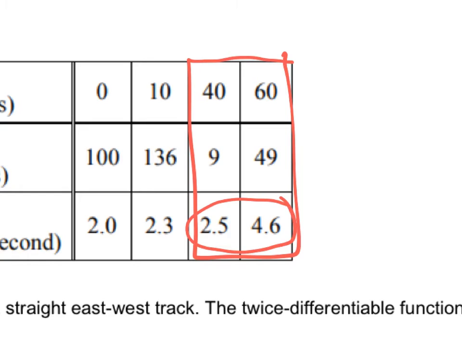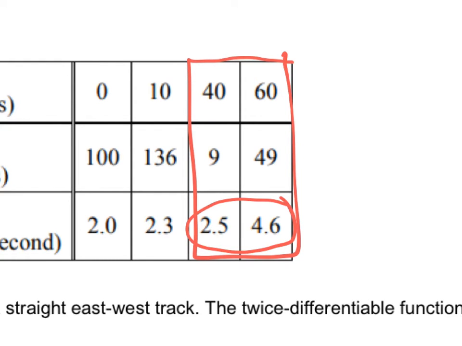So the intermediate value theorem says that the function will equal any value between 2.5 and 4.6 on this interval. So they're just saying like 3 is in between here. So somewhere between 40 and 60, the velocity will be 3, or 3.5, or 4, or 4.5.